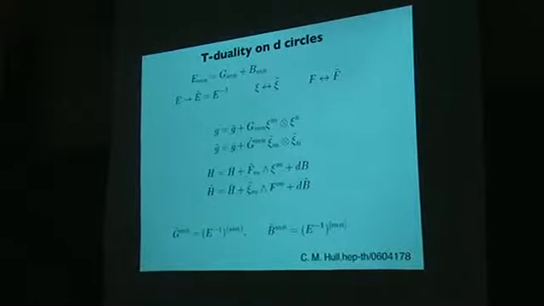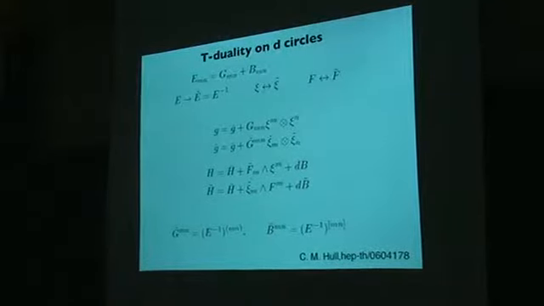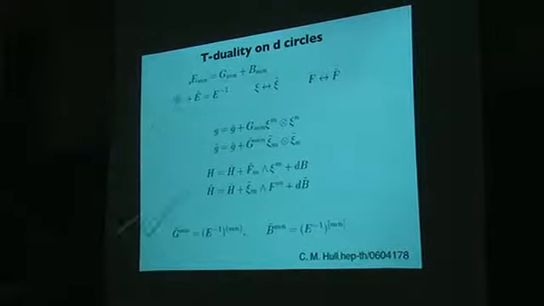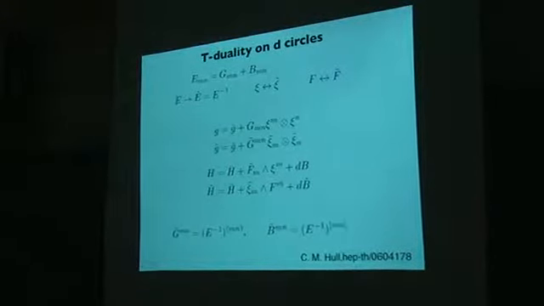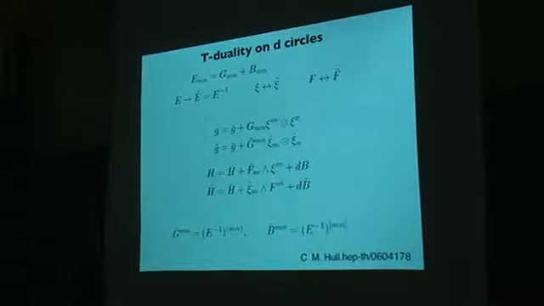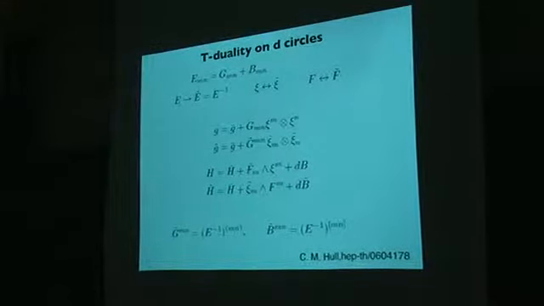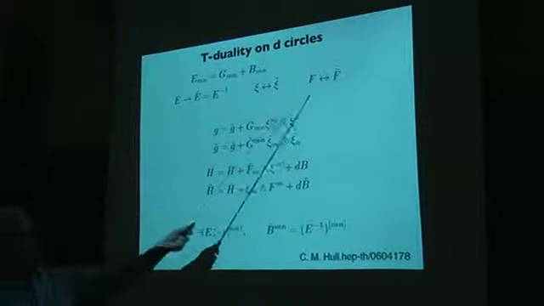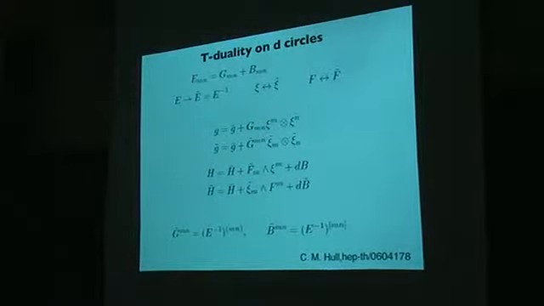And here we see these are equivalent to the Buscher rules. These are a reformulation of the standard Buscher rules, but written in a way where it's intrinsically clear what the geometric meaning of all these terms is. And so one can see that as well as changing the geometry, we're changing the topology. There are two different bundles, one corresponding to F, one to F tilde, which are being swapped around by this T-duality.